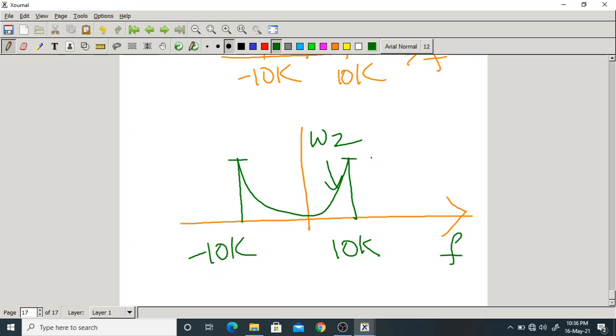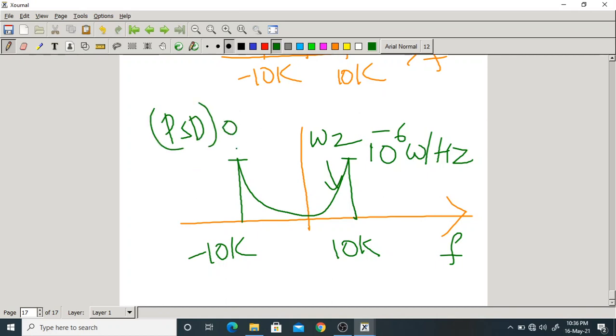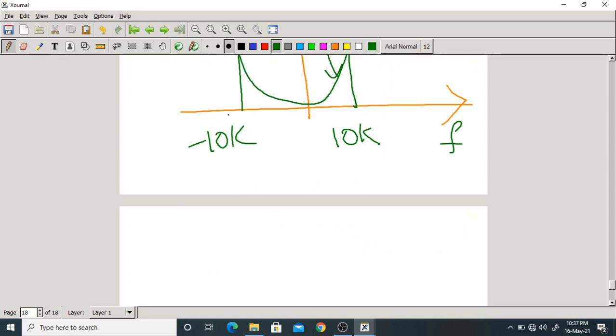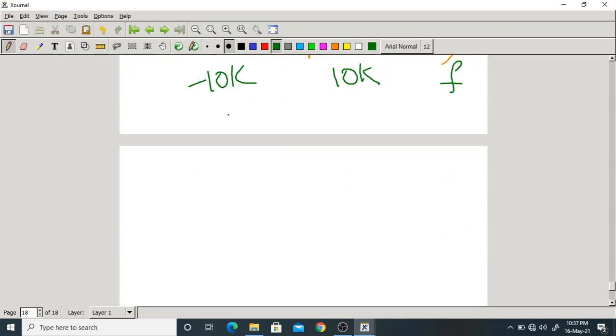Yeah. So what is the input PSD? Into 10 power minus 6 watts per hertz. So this is finally the PSD at the output side. But in the question, they did not ask for the output PSD. They ask for power. Output power equals what?